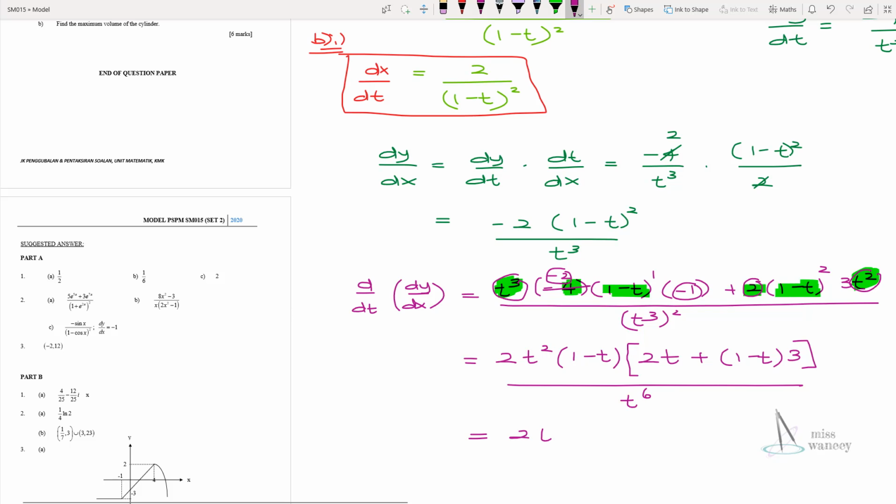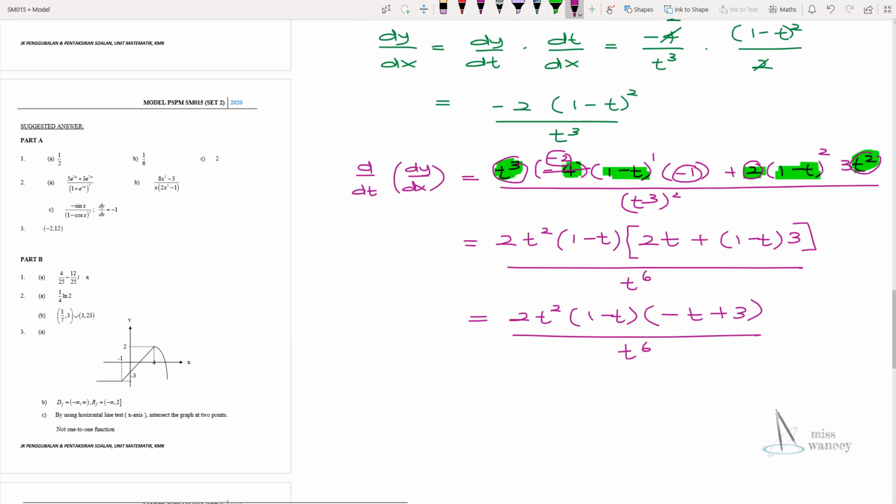So we got 2t square, 1 minus t. And then over here we got 2t minus 3t, so negative t, and 1 times 3, so plus 3, over t to the power of 6. Okay, so now simplify them a little bit. t square and t to the power of 6, we can actually simplify, so this is t to the power of 4.